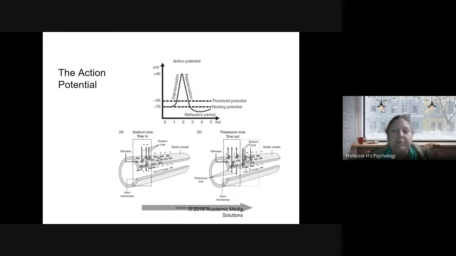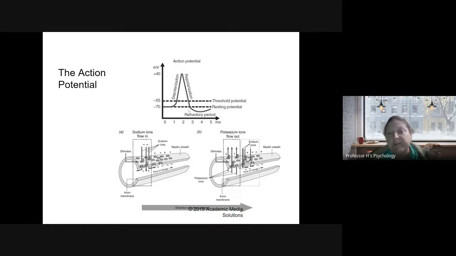So instead of just stopping at -70, too many of those potassium ions probably flow out, creating it to be even more negative than before it started.